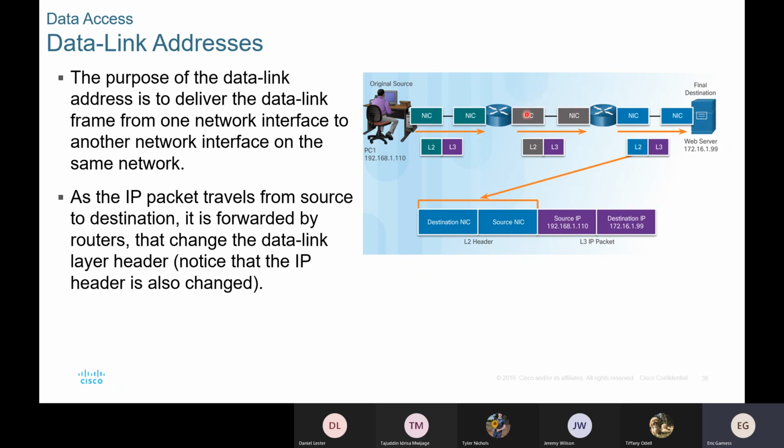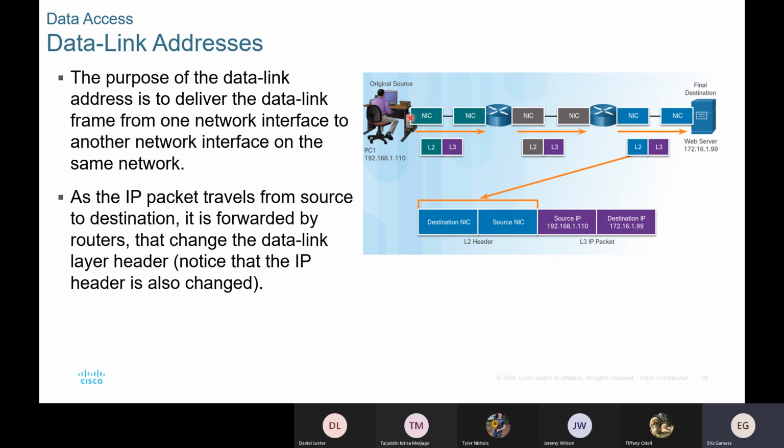And the source MAC address will be the MAC address of the left router on this interface. And in the last hop, the destination MAC address will be the MAC address of the server, and the source MAC address will be the MAC address of the right router in this interface.